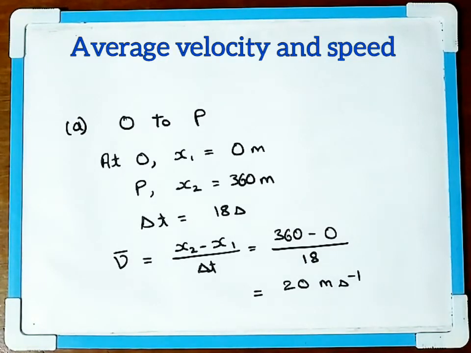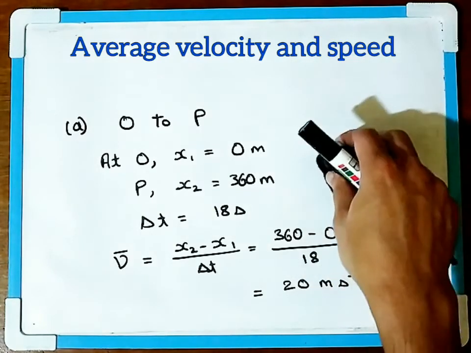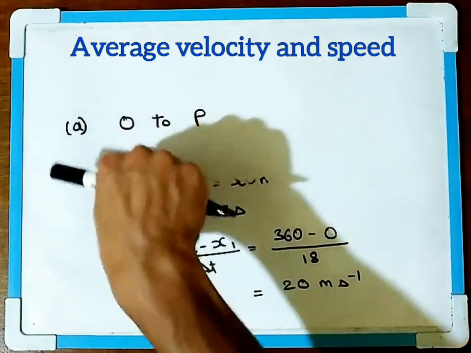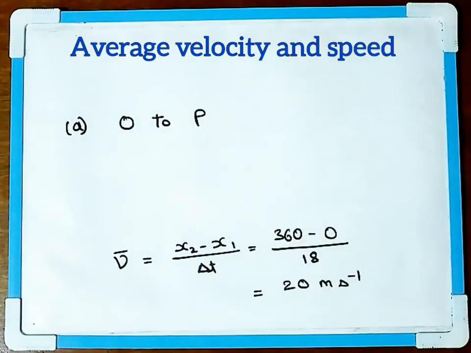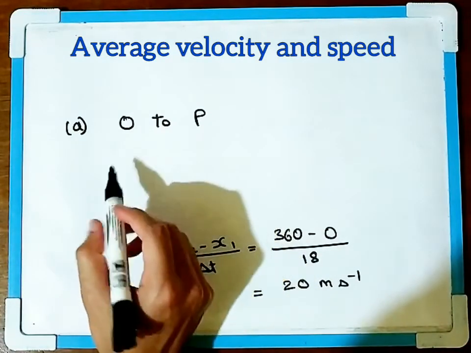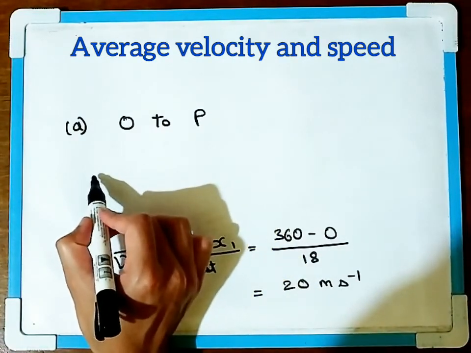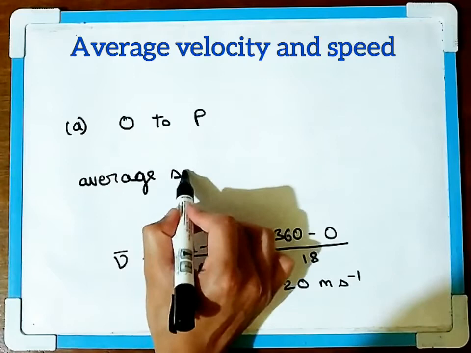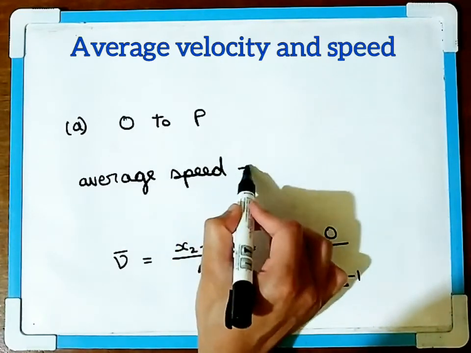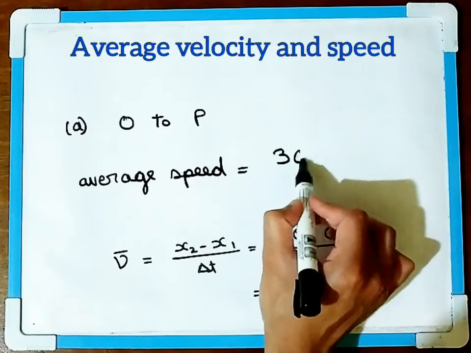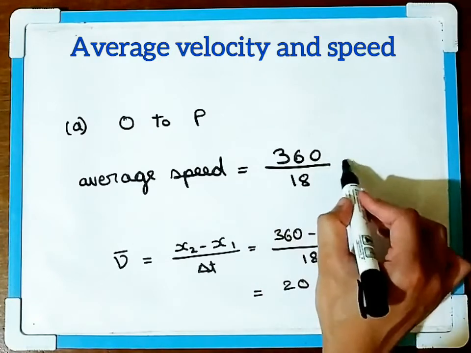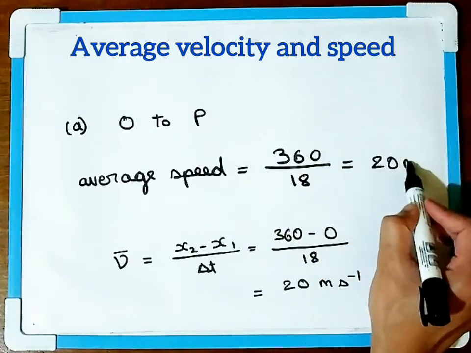Then we can calculate the average speed also. Now for the average speed, again you have to know the total path length. In this case the total path length is the same, that is 360, and the total time taken is 18, so here also it will be the same, 20 meter per second.